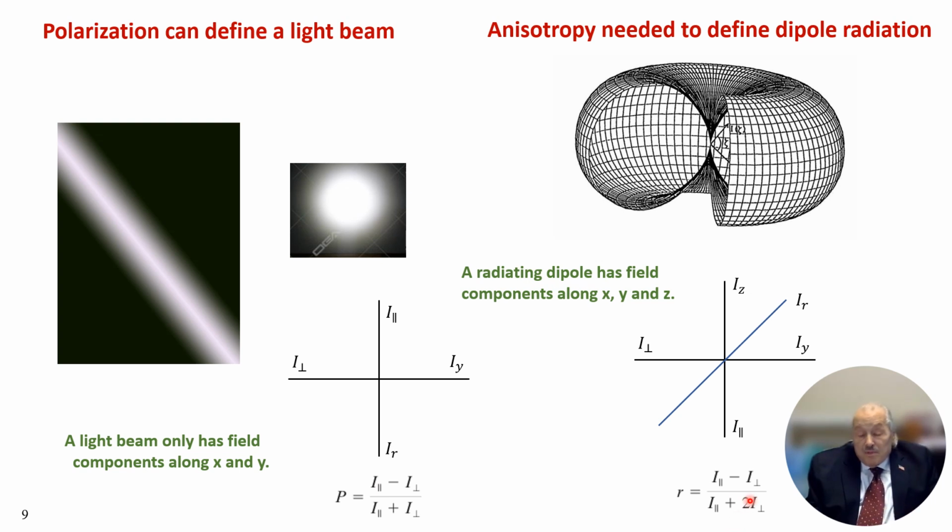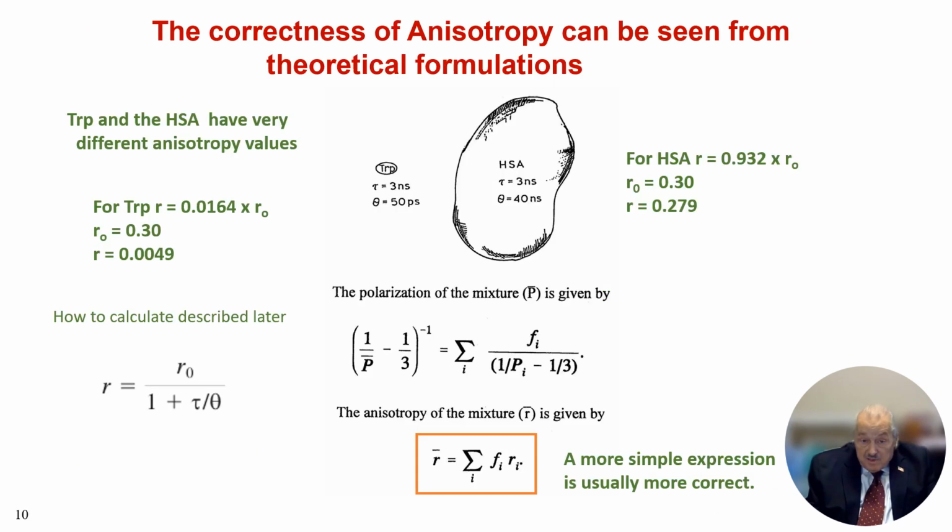And all of the equations for fluorescence look simpler when expressed in anisotropy units.